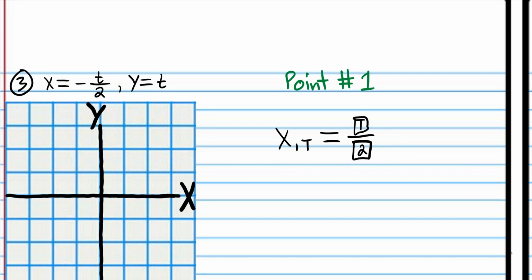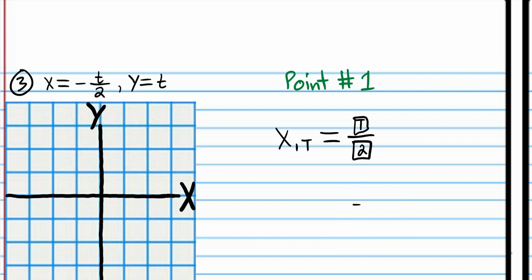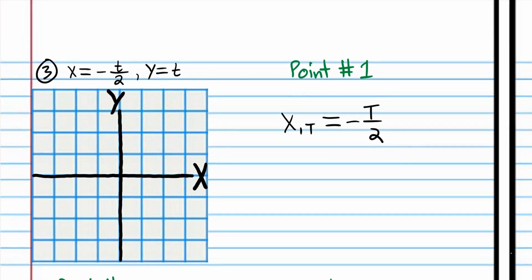Again, your negative symbol is at the bottom right where it says answer. Then it has a button with parentheses that say negative. That's your negative symbol. So at this point, you should have negative t over 2 in your first equation.